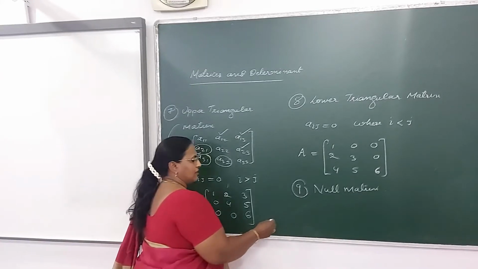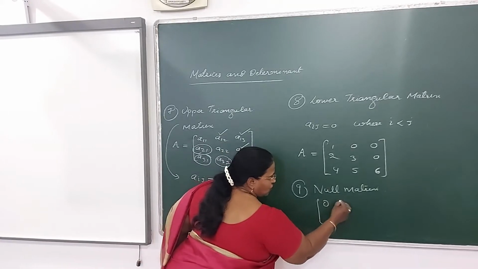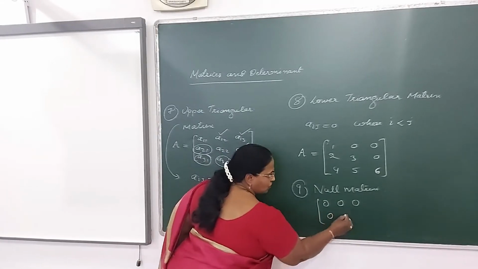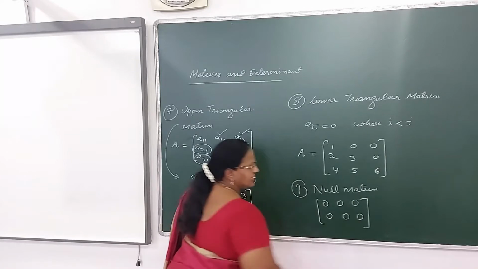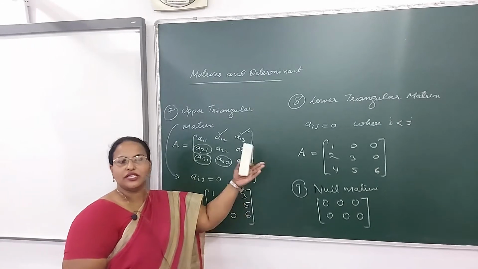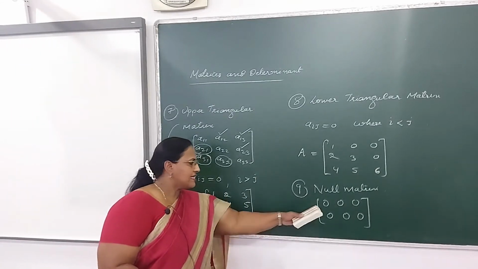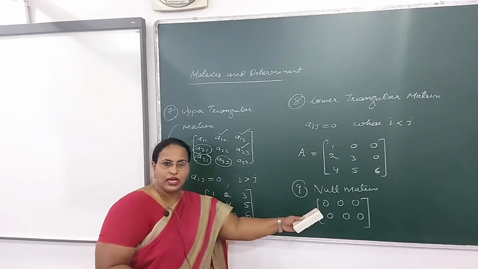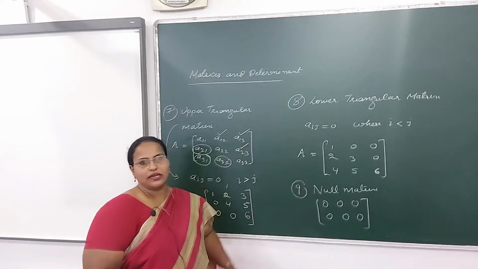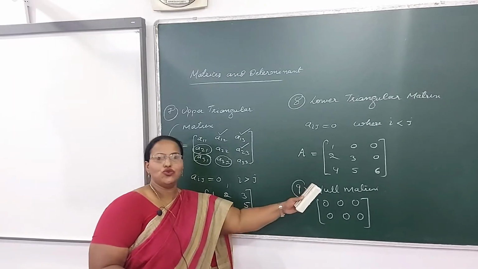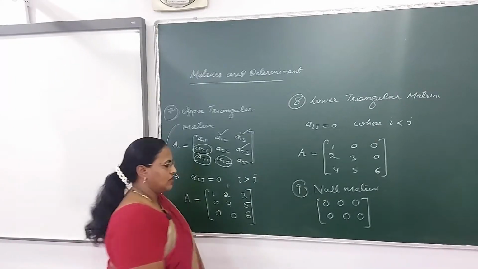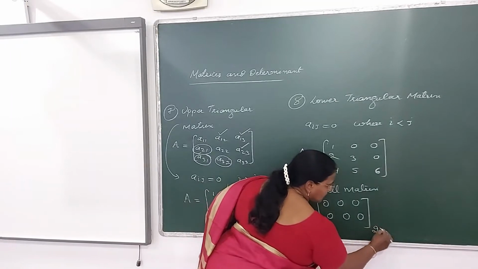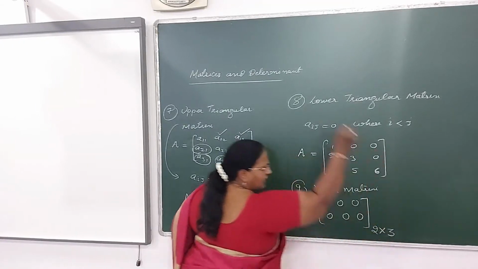For example, 0, 0, 0, 0, 0, 0. And what is the order of this matrix? It has 2 rows and 3 columns. So the order of this matrix is 2 by 3.